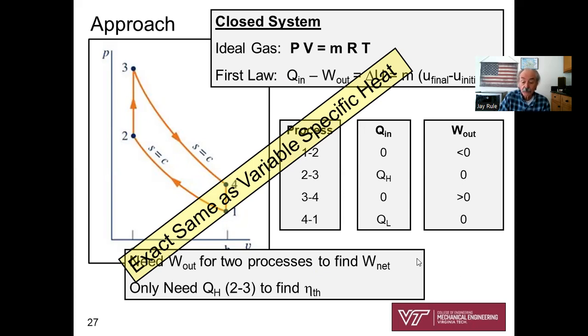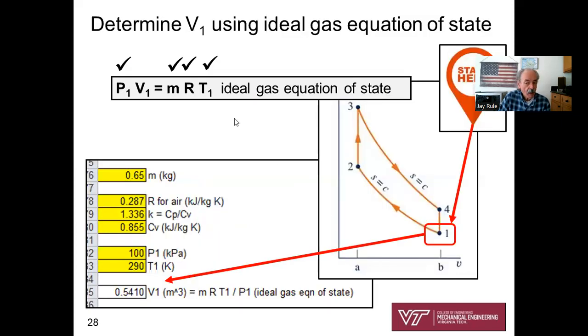That's what's going to give us our thermal efficiency. We're going to start exactly the same place, and we're going to get exactly the same result for the initial volume, because PV equals mRT, and it doesn't depend on specific heat, does it? So we've got exactly the same result for V1.